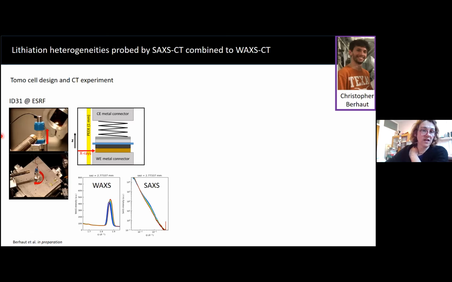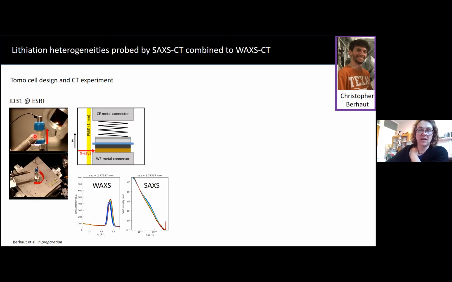It's a Swagelok-type cell, which is very simple. You have the current collector, your anode, the separator in blue, then the lithium metal. And what you do is you locate this cell in the beam. So the beam is coming from the tube. You can vertically move your cell, so you can select precisely the region in your electrode where the X-rays will hit the electrode.